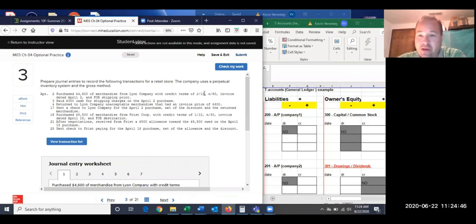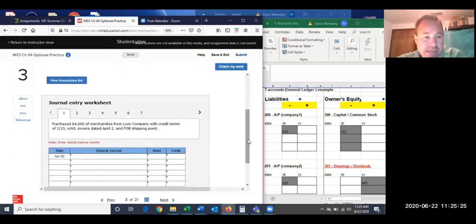If we pay within 15 days, we get a 2% discount. Otherwise, everything's due in 60 days. And it says it's FOB shipping point. Now, they don't tell us the amount of shipping. That's going to come down here on number 3. That's one of these where it's a little bit easier on this problem. They separate it out, whereas I put it all together in an example.